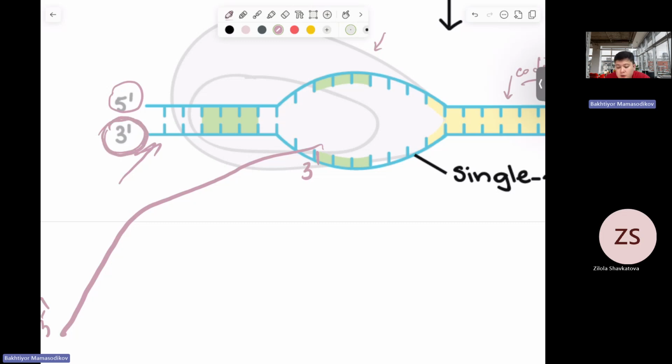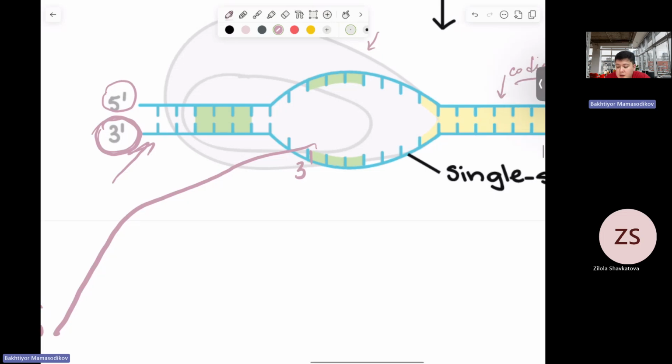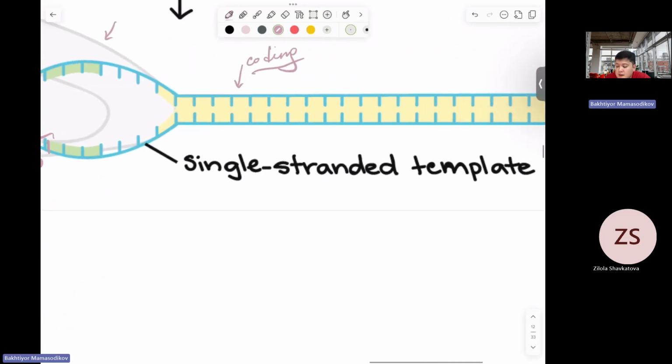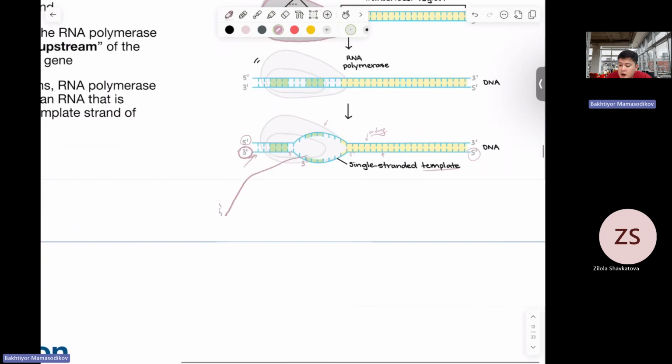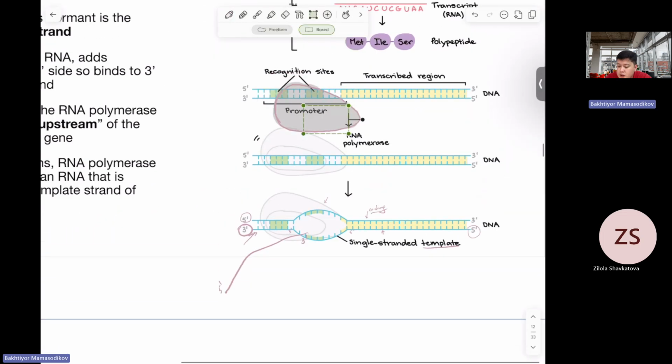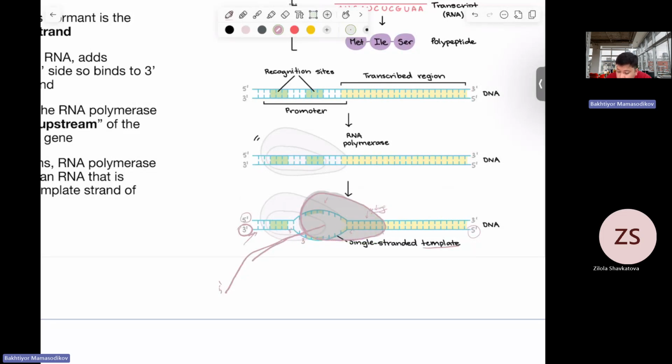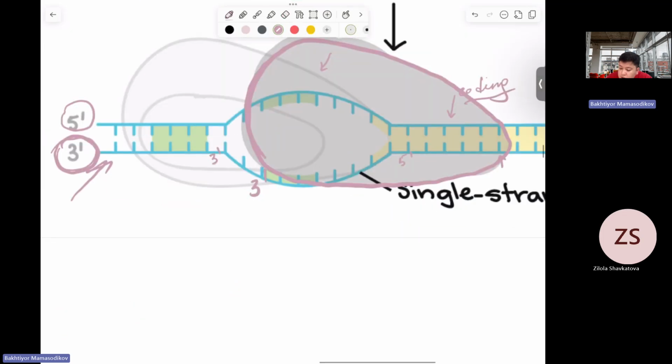It's a reading point. Where it's 3', that means this is the template strand. So the template is always from 3' to 5'. But when the RNA polymerase moves, what's going to happen? It's starting to release the messenger RNA. So how is messenger RNA released?